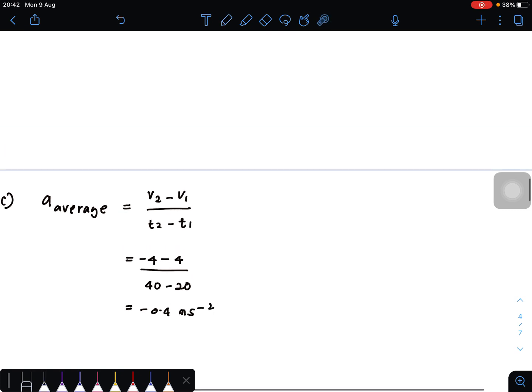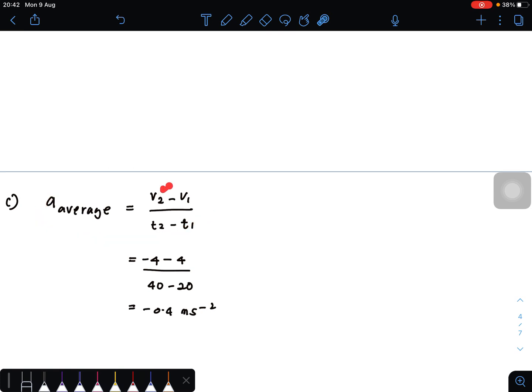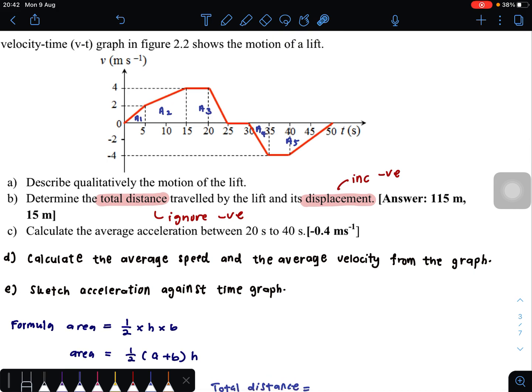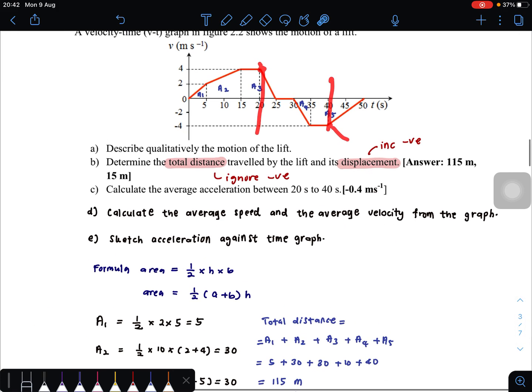Okay, so average acceleration is just the formula from your notes, V2 minus V1, or V final minus V initial, because it is in between these two time intervals. From here to here, so final is here, which is negative 4. Initial is here, which is 4. Okay, so that one is easy.